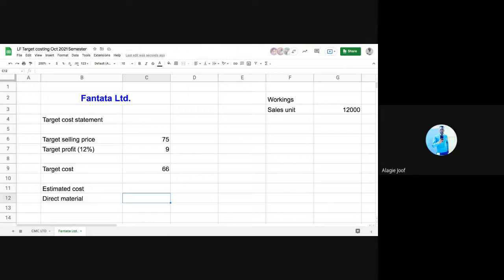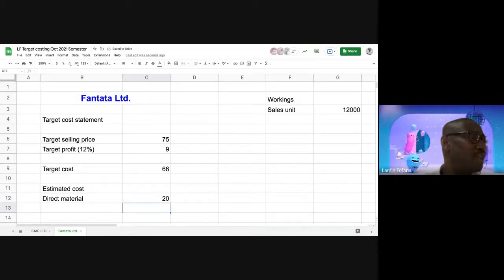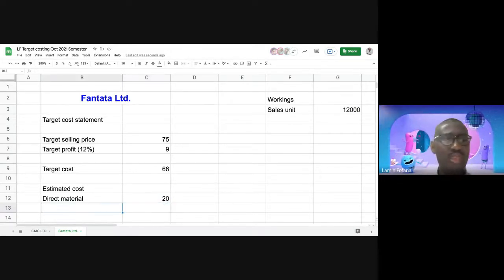20 pounds. Okay, so we have other variable costs also. That's the conversion cost, isn't it? So we have our variable conversion costs, I'll just shorten it to CONV costs.